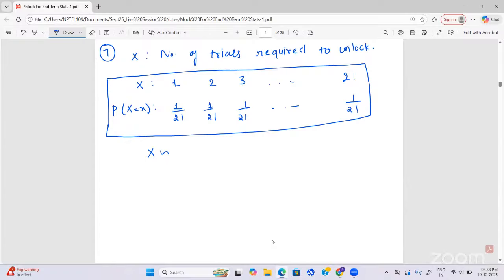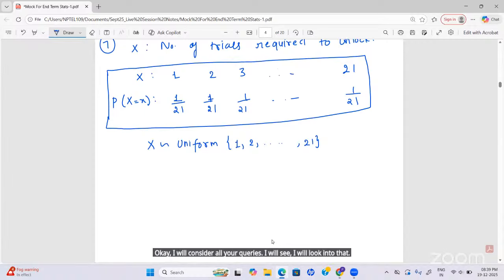Ma'am, this will be the case of hypergeometric, right? This is not hypergeometric in this case if it is given already that it is equally likely. Okay. Here it will not be hypergeometric. Okay, I will consider all your queries. I will look into that. But as of now, you solve it by using this method.